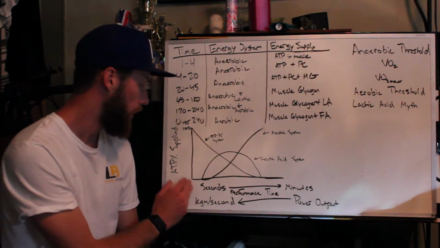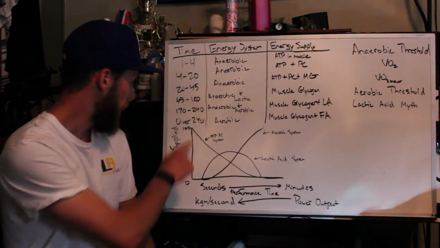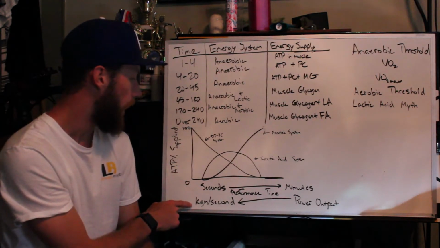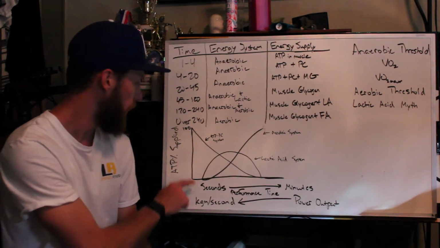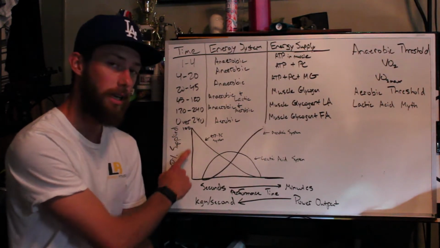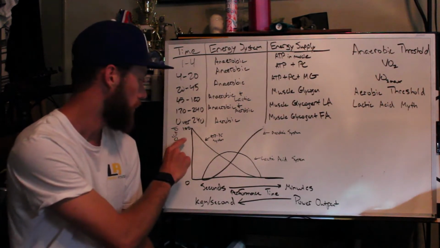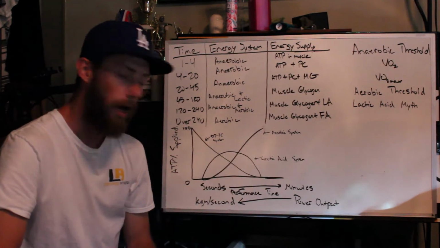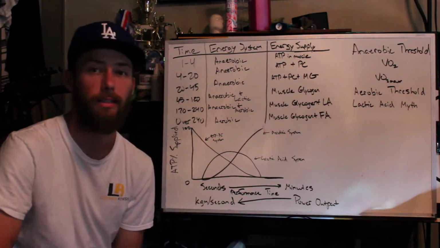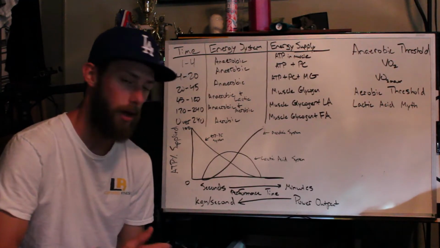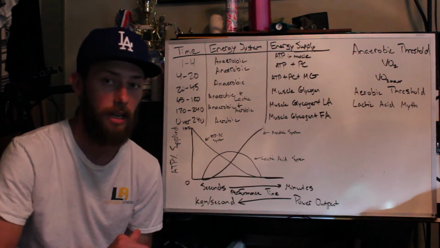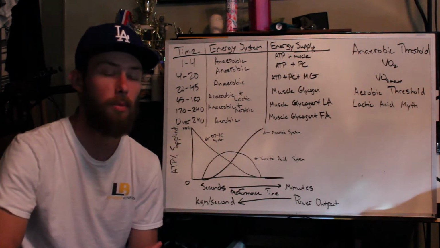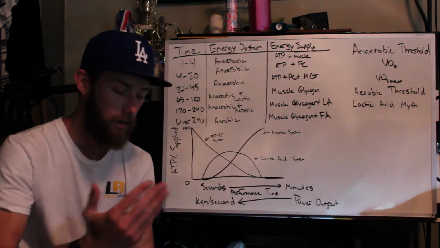So here, at this point, you have the highest power output per second and the greatest percentage of ATP being used. And that's obviously your ATP-PC system, your fast burst type of sports and athletes. And for those people, you want to train that energy system.